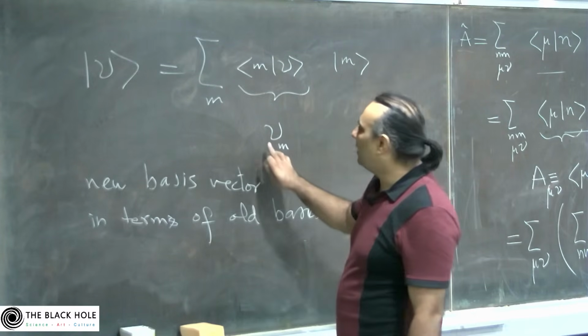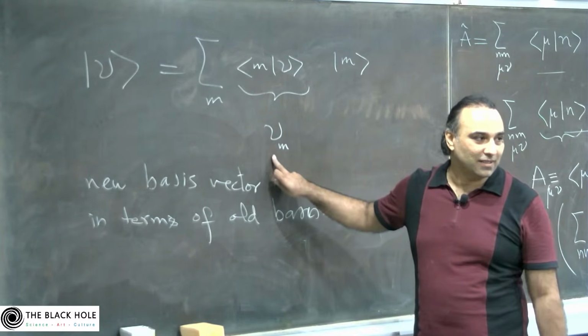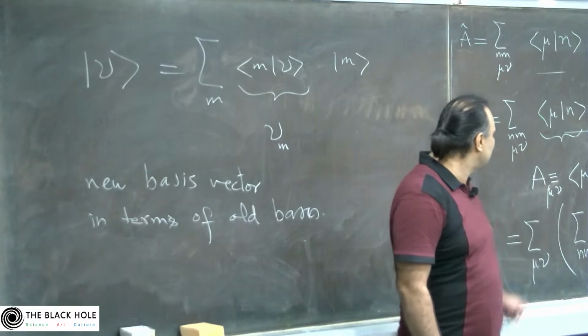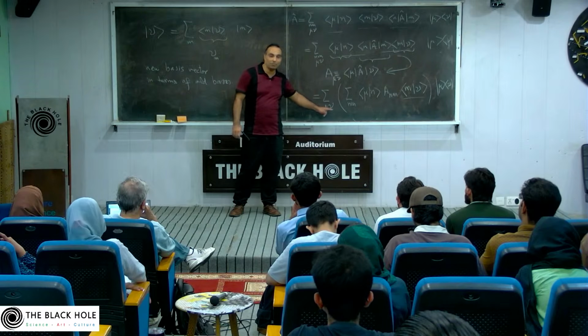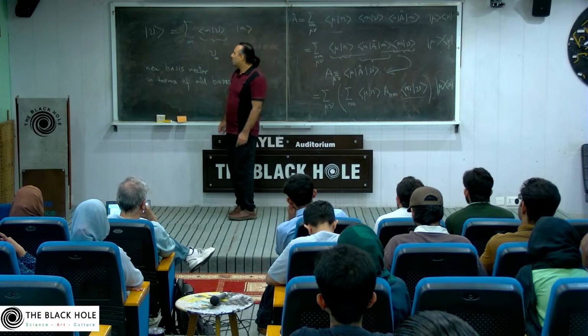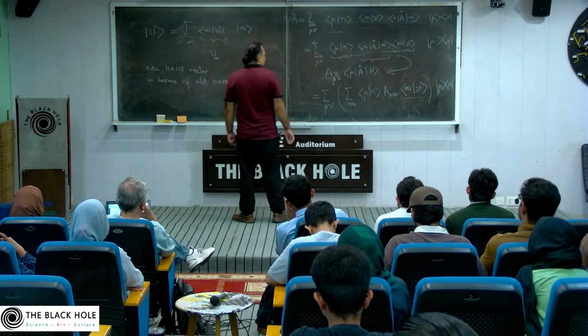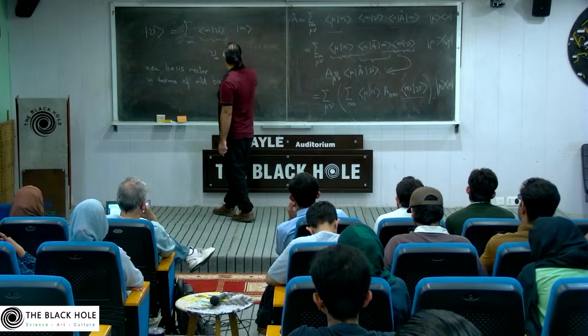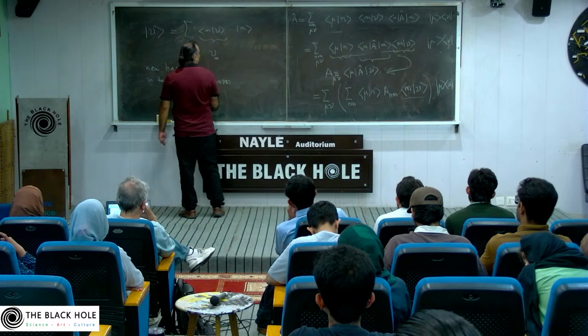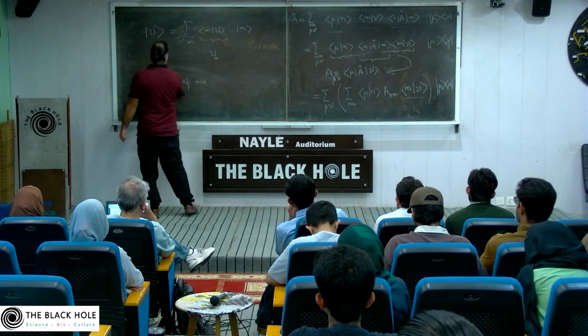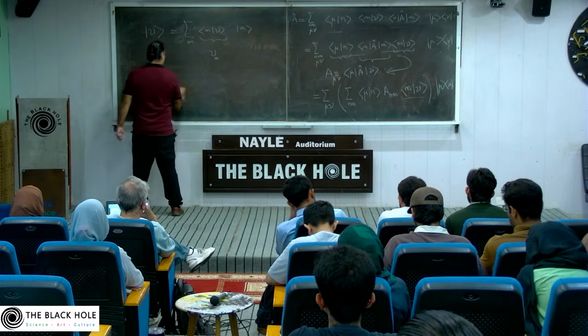And instead of writing this as a single vector, here we have a sum over mu and nu. So what we can do is we can make a matrix out of this for all bases.